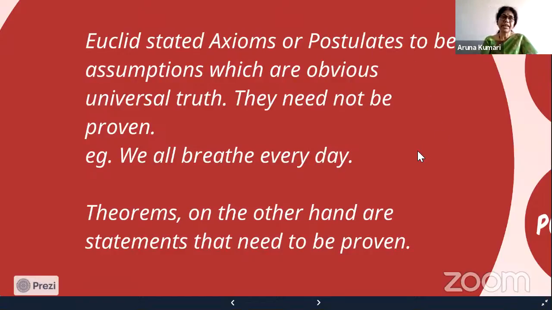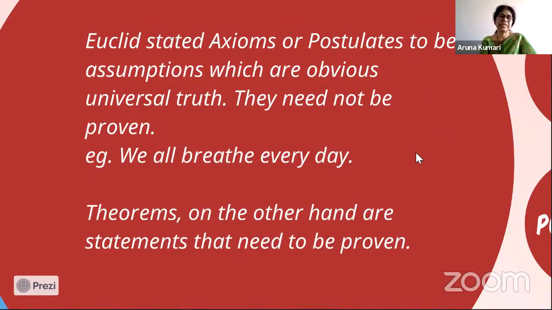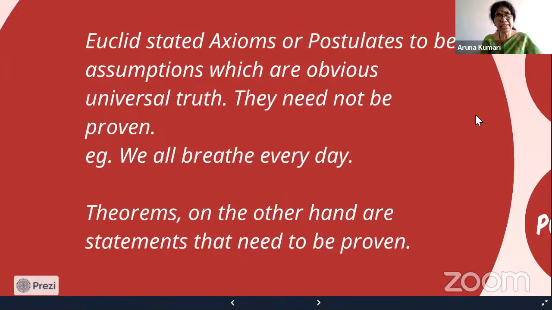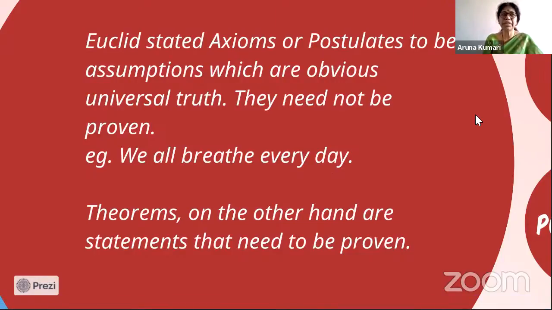A postulate is an accepted truth. Whereas an axiom is a universal truth, a postulate is an accepted truth. Accepted truth means, for example, the sun rises in the east. Is it correct? Yes. But everybody has no idea why. It is already explained scientifically, so we have to accept it.